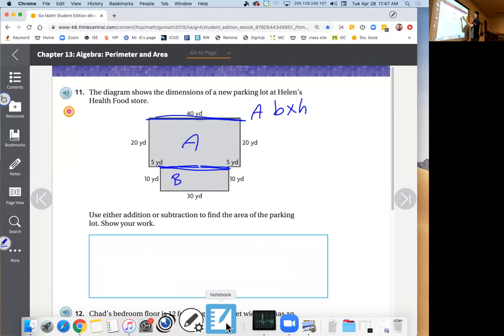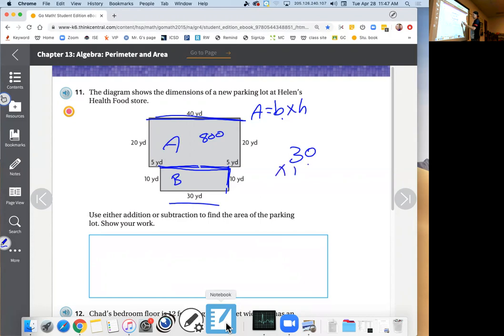So the area of A, base times height. So we got base is 40 times 20. 2 times 4 is 8. How many zeros? So already we know the area of A is 800 square yards. Okay. Now we got to do it for B. Well, we know base is 30 times what's the height?